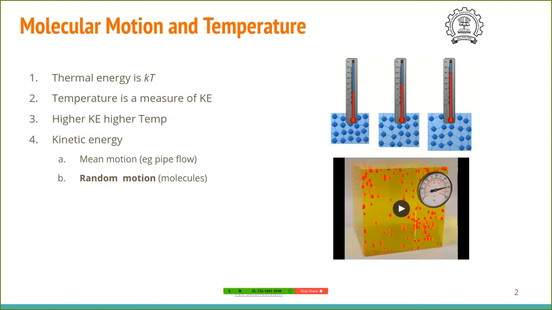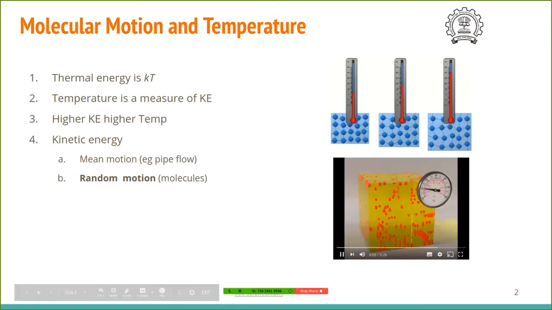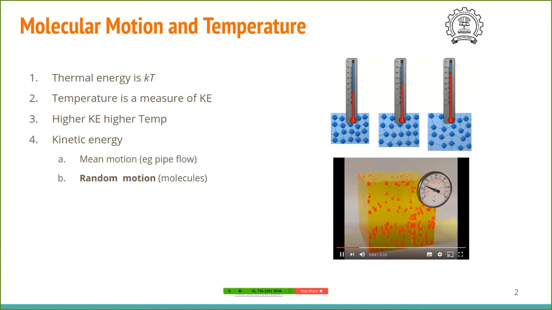While thinking about conduction, it is very important to have this molecular picture in mind. In this video, you will see an animated picture of molecular motion and temperature. Here you see a temperature scale. As the temperature is increased and then decreased, the molecules show a very large random motion.